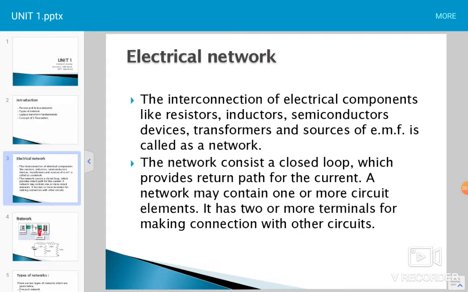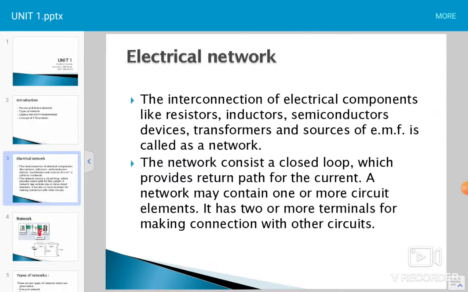See, first of all, you all might know about the electrical network. What is the electrical network? How do you identify the electrical network? And what is the main purpose of this electrical network? The interconnection of electrical components like resistor, inductor, semiconductor devices, transformer, and the source of EMF is called a network.